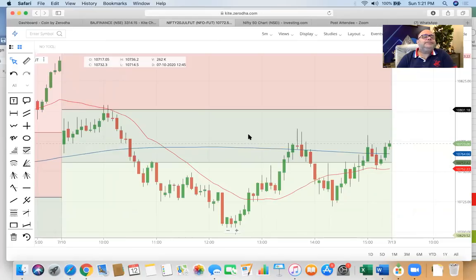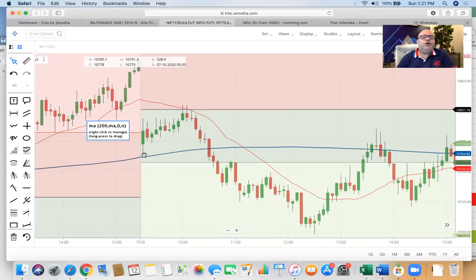Okay, now the first chart is the Nifty chart. It started the day from about 9 o'clock here. As you can see, this division of red and green is the pivot point.